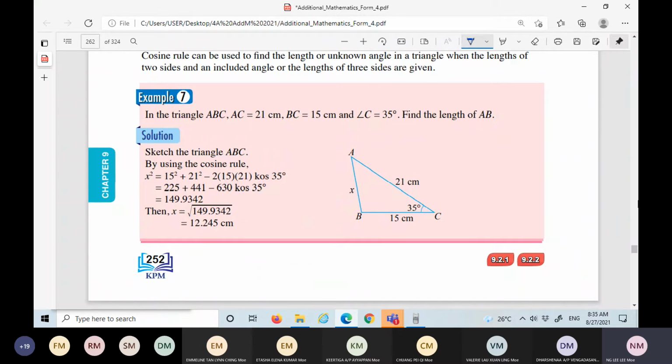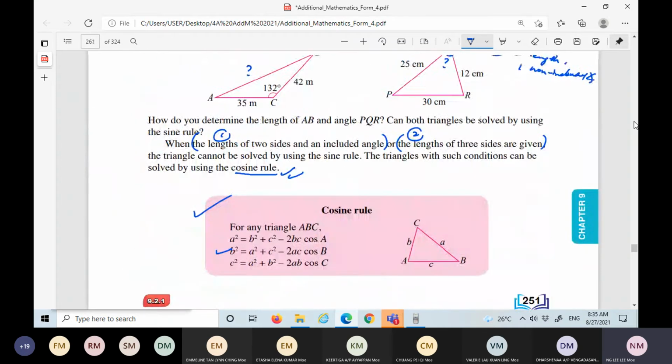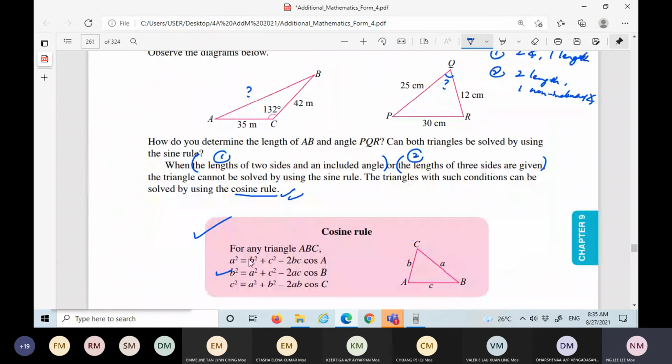Let us go back. What is the cosine rule? Maybe you are still not very clear with the cosine rule. We look at the first one. Here you see the A, the subject here is A, then here will be the A. So the small a and the capital letter A for the angle are opposite.